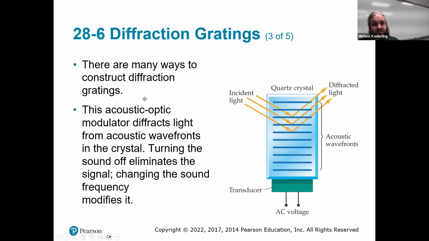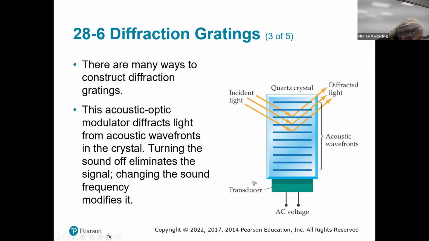There are many ways to construct diffraction gratings. This is an acousto-optic modulator that diffracts light from acoustic wavefronts in the crystal; turning the sound off eliminates the signal, and changing the frequency modifies it.